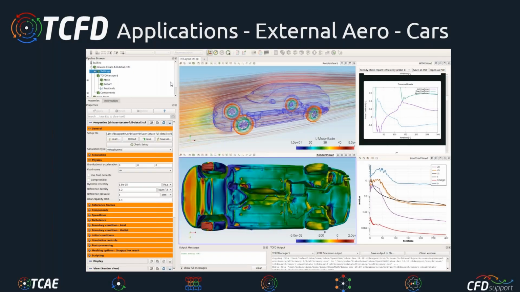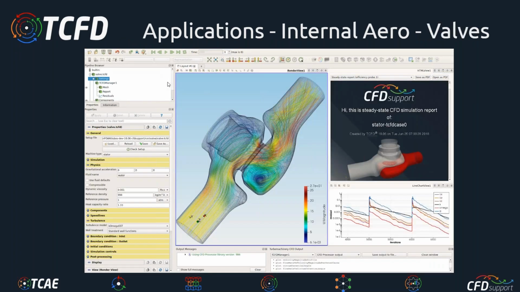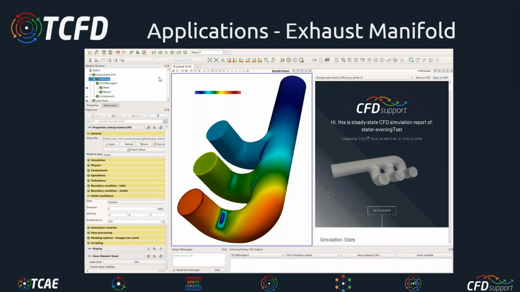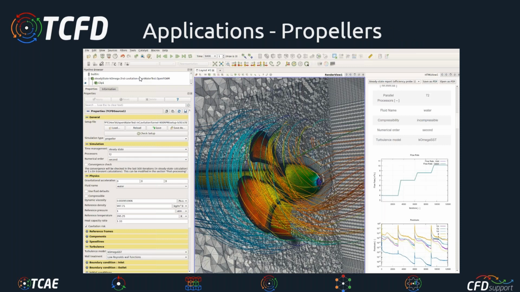Yeah, and later what had worked so well in the turbo machinery field, we decided to extend to external aerodynamics to simulate cars and the aircraft, and also all the other stuff like the internal aerodynamics of various valves and hydraulic valves, and also manifolds and intakes like the intake manifolds and various exhaust manifolds and piping systems.